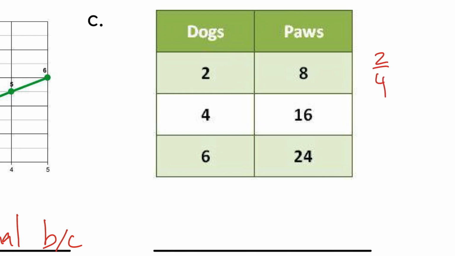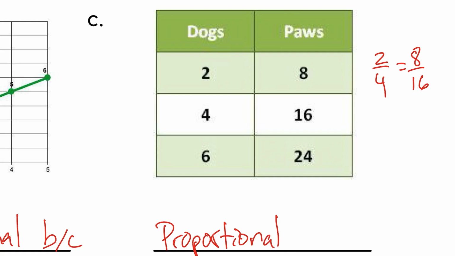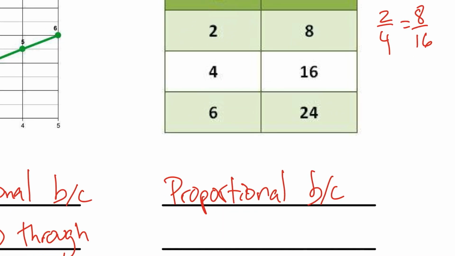Because 2/4 does equal 8/16. They both are equal to 1/2. So yes, this is a proportional relationship. So because we can make equal fractions, or we can set up a proportion.